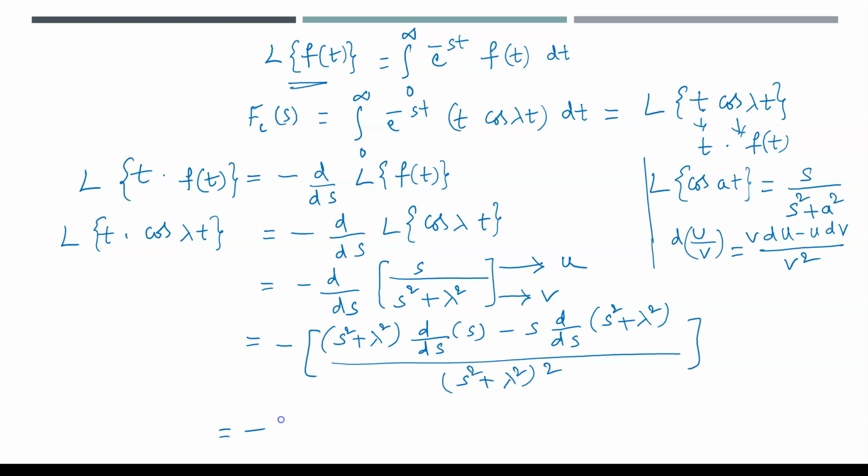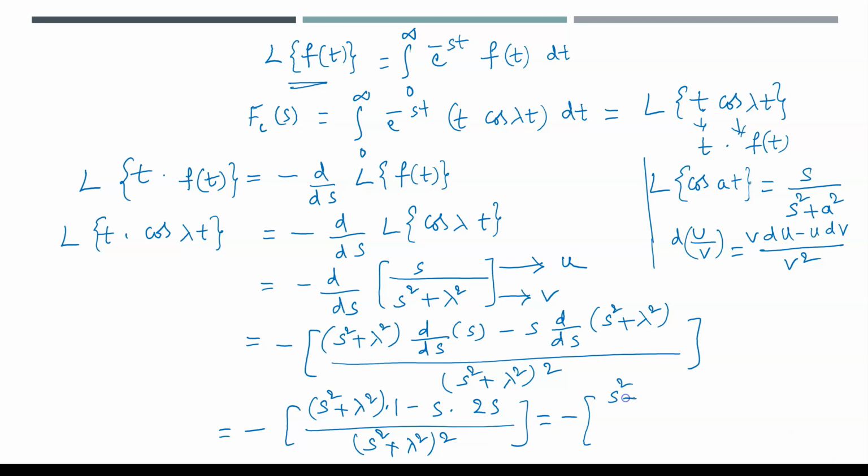That is minus of s square plus lambda square into 1 minus s into 2s, because the derivative of s square is 2s, and the derivative of lambda square is 0 because lambda square is constant, upon s square plus lambda square whole square, which is equal to minus of s square plus lambda square minus 2s square upon s square plus lambda square whole square.